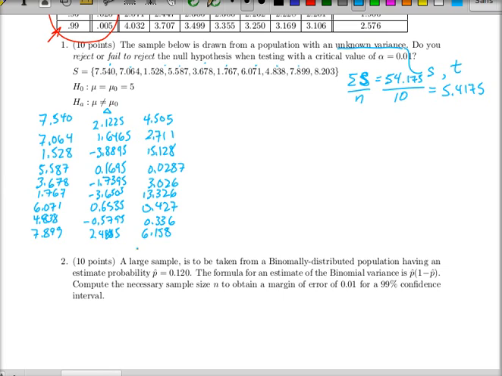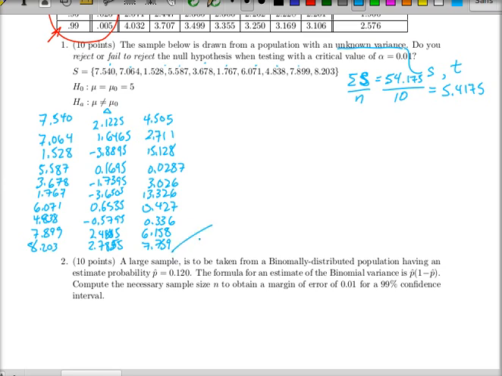Add that to the memory. And lastly, 8.203 minus 5.4175 equals 2.7855. And square that. We got 7.759. And add that to the memory.